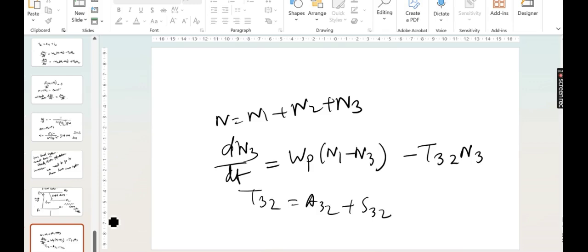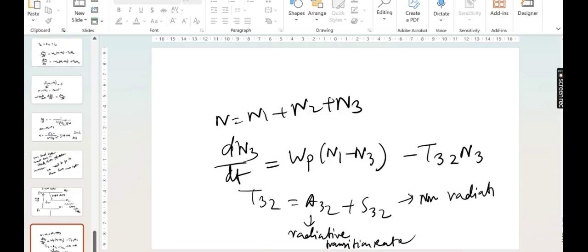So basically there are radiative transitions, right? And there are non-radiative transitions, right?